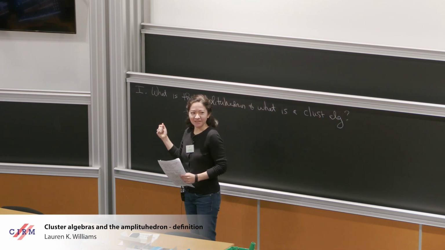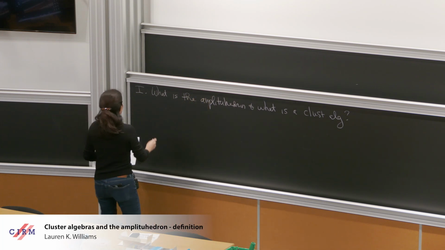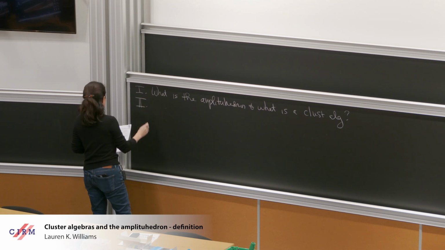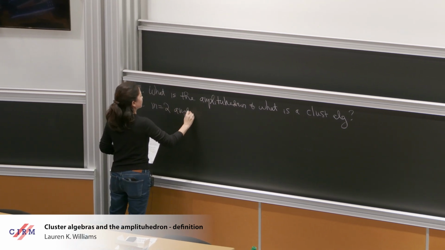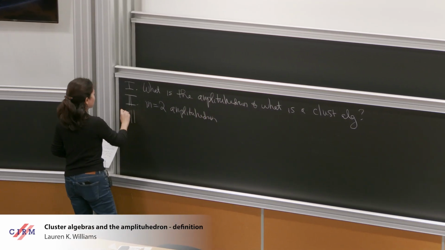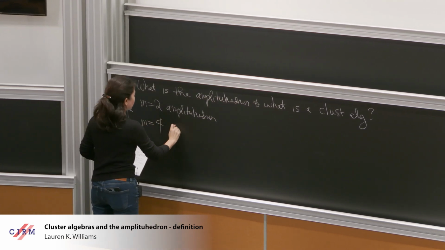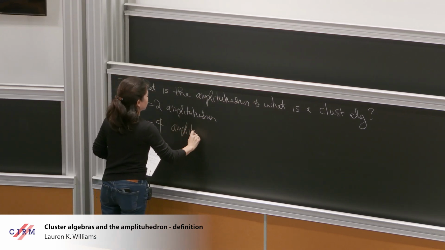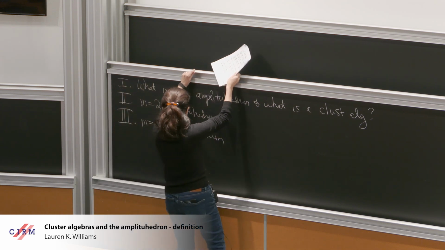I think the latter is going to be helpful for the 2 talks that follow mine. In my second talk, I will discuss in detail the m equals 2 amplituhedron and connections to cluster algebras. And in my third talk, I will discuss the m equals 4 amplituhedron and connections to cluster algebras.